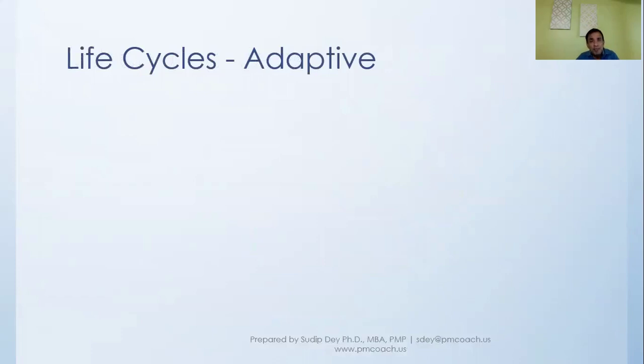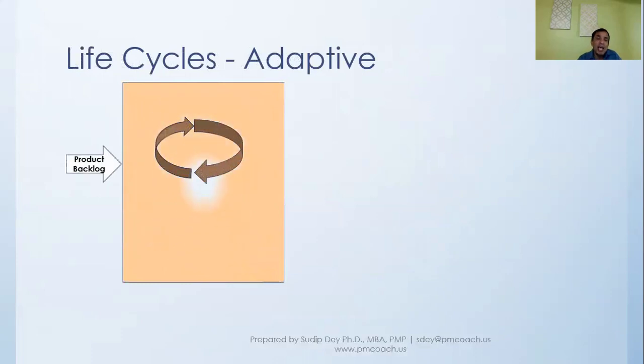In adaptive, if you remember, it is different because we don't take everything at the same time and there is an iteration. The way we take it forward, these processes will be something like this. We take the features that we want in the first iteration from the backlog and take them through an iteration.